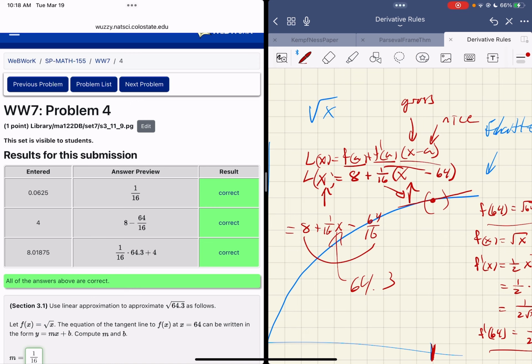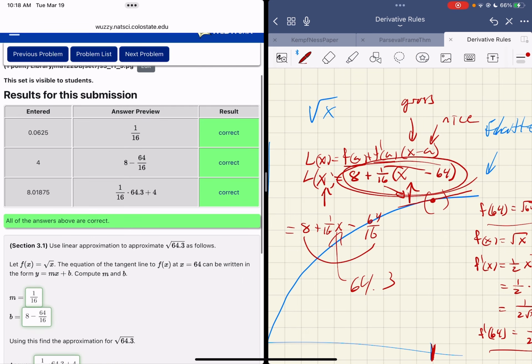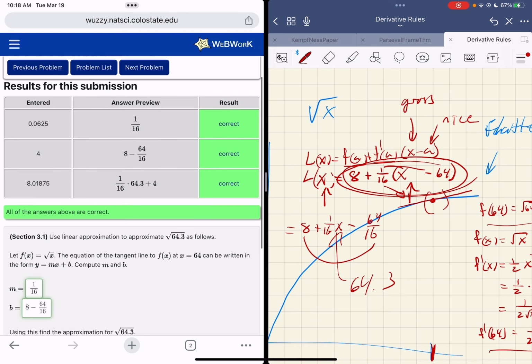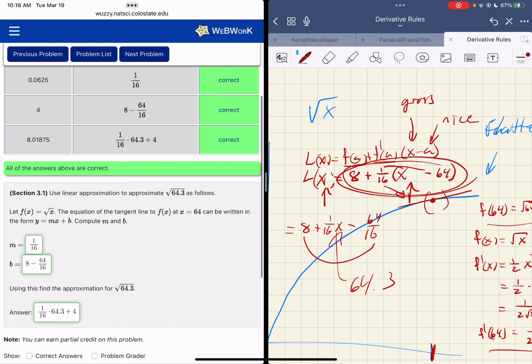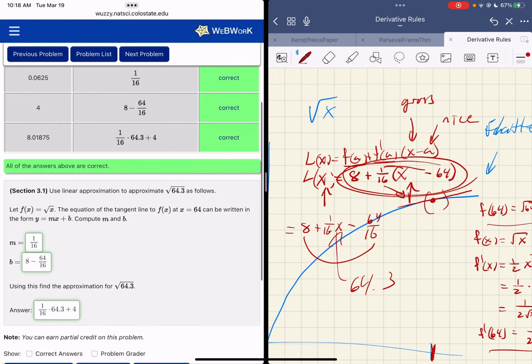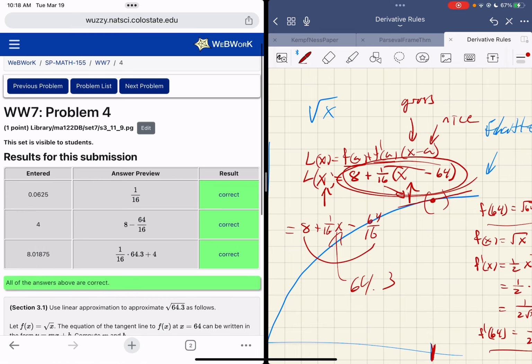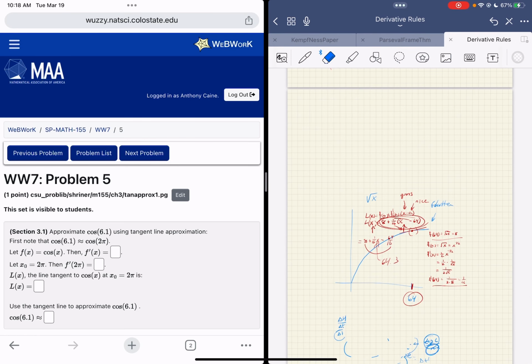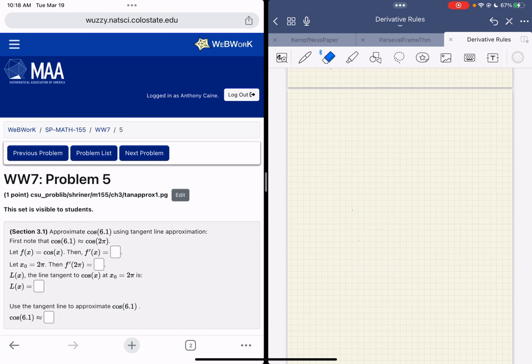And now you can use this form and plug in 64.3, or I used y equals mx plus b form, right? And so I just used the b, which was 4, and the m, which is 1/16, and I just literally plugged everything in the bottom there. Okay, great. That's all we're going to do. This whole thing is just the equation of the tangent line, which is the point slope formula, and then plugging stuff in.